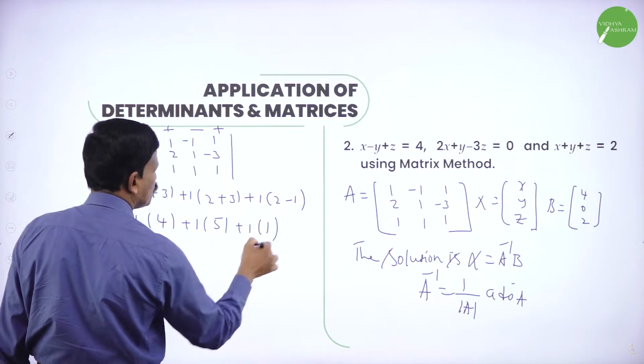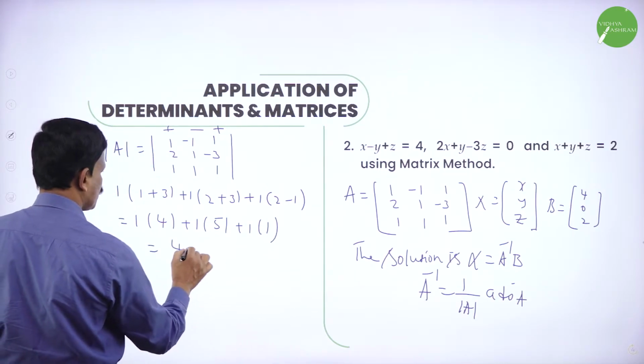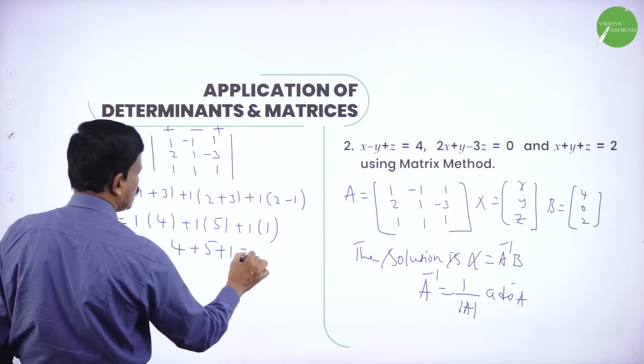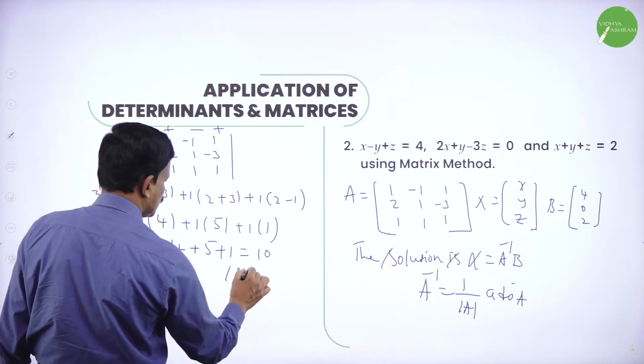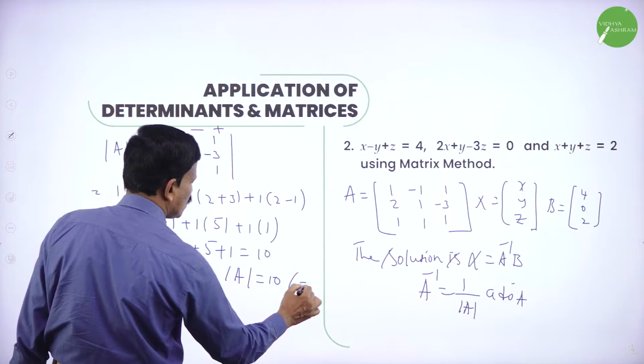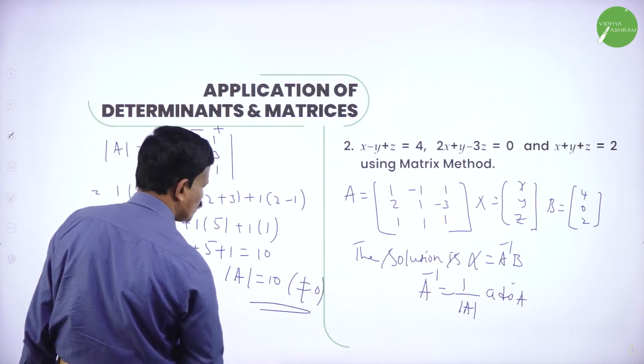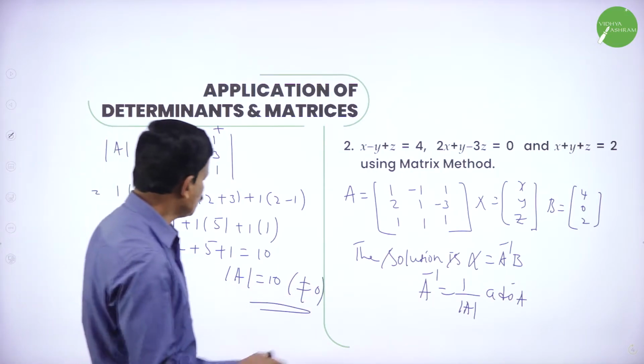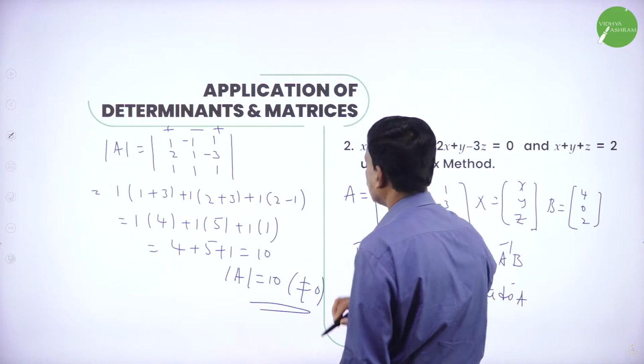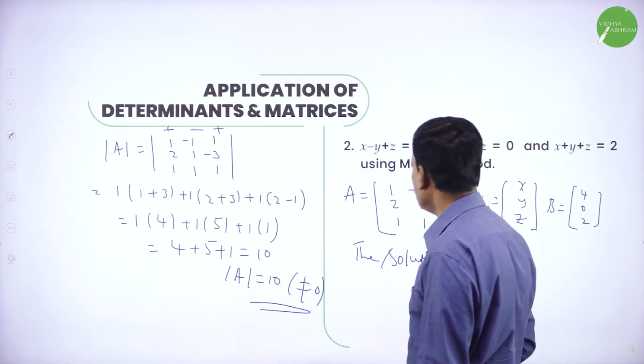Plus 1 into 2 minus 1 is 1. So 4 plus 5 plus 1 is equal to 10. So determinant of A is equal to 10, not equal to 0. So the inverse exists.